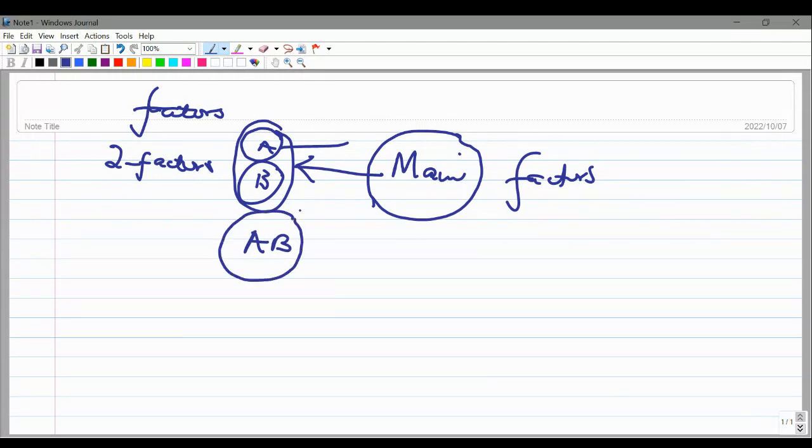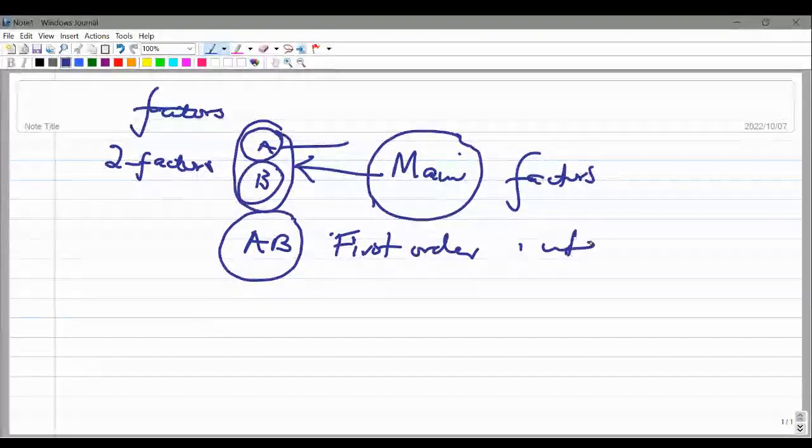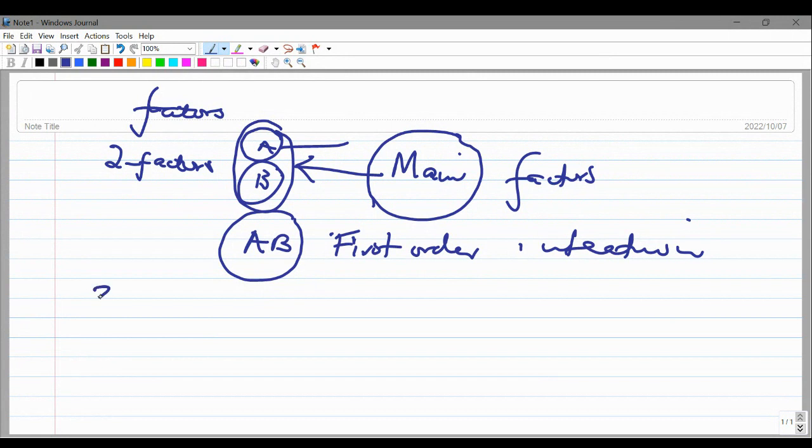So this one, where they interact, we call first order interaction. Why do we call them first order interaction? Suppose we have three factors.